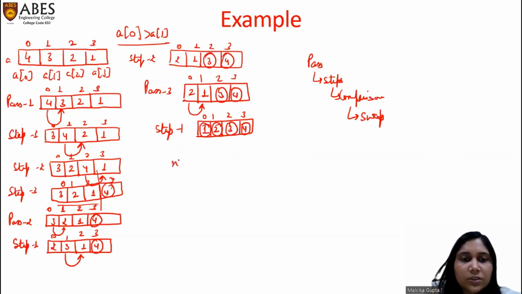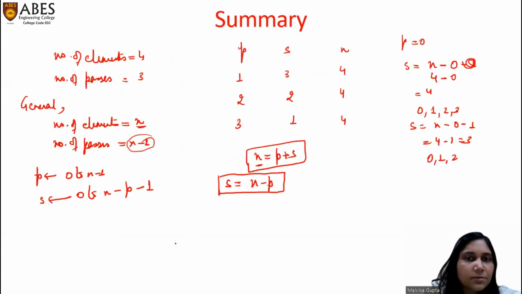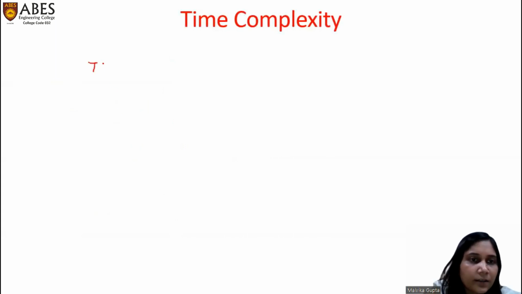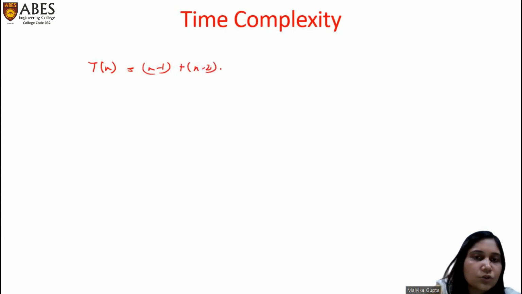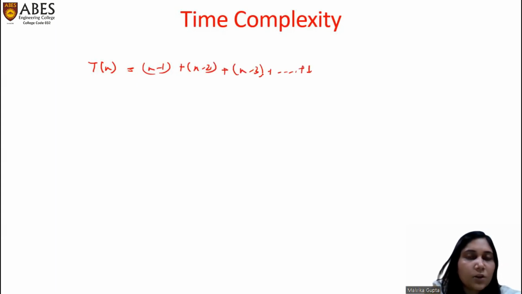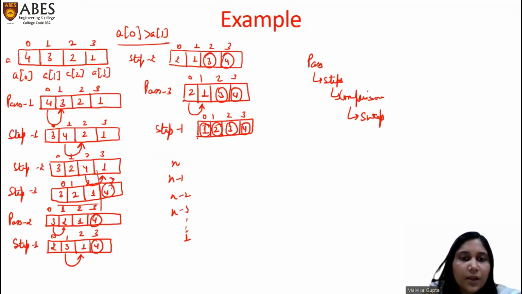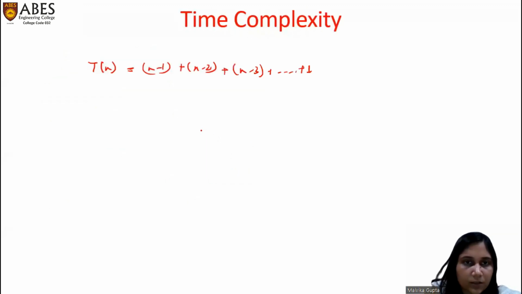It means that we started from n, then we move to n minus 1, then n minus 2, then n minus 3, up to 1. So my recurrence relation for this one has become like this: n minus 1 plus n minus 2 plus n minus 3 plus up to plus 1, because we stop when we are left with only one value, since comparison is not possible for that, right?